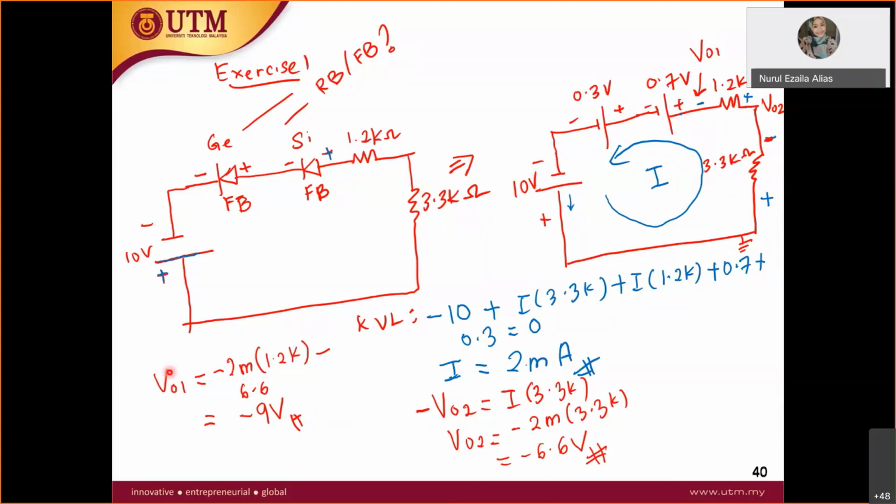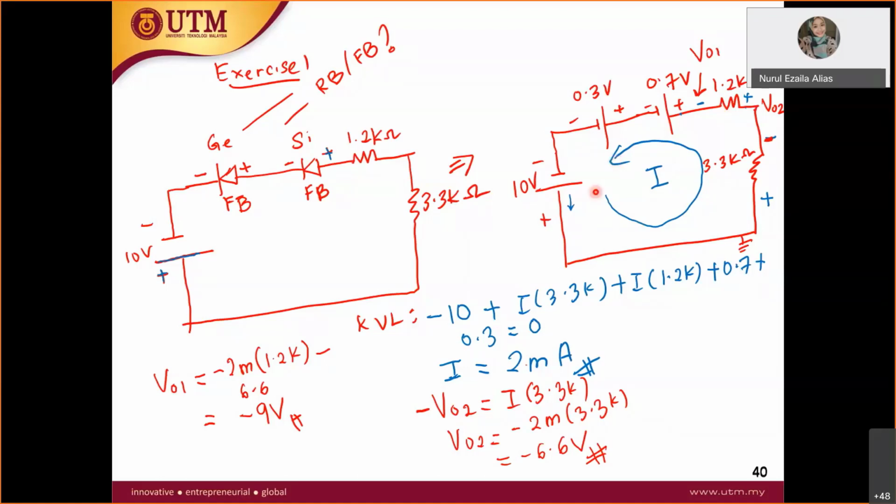This is quite challenging. Why is it challenging? Defining whether it is forward bias or reverse bias is not so challenging. The challenging part is defining V02 and V01. Remember that the current loop always defines your positive and negative terminals. Why did I make this current counterclockwise?